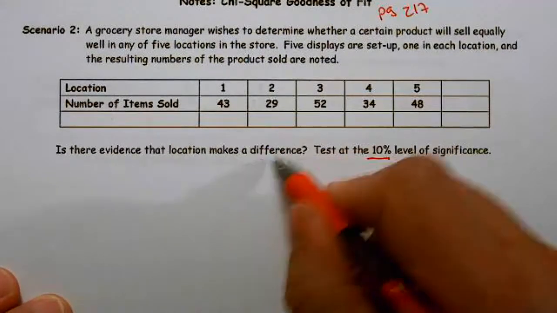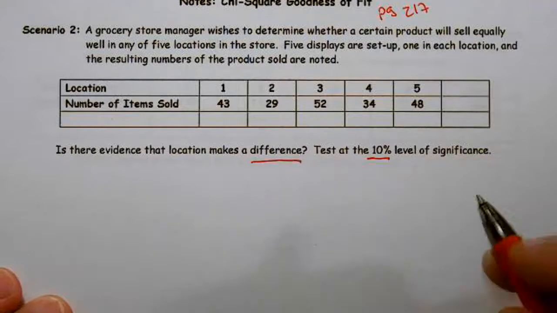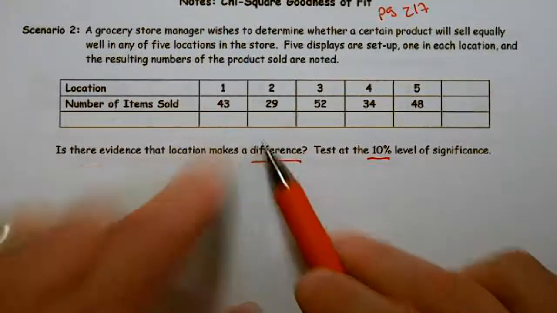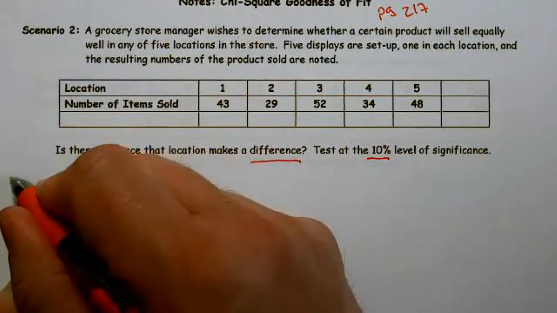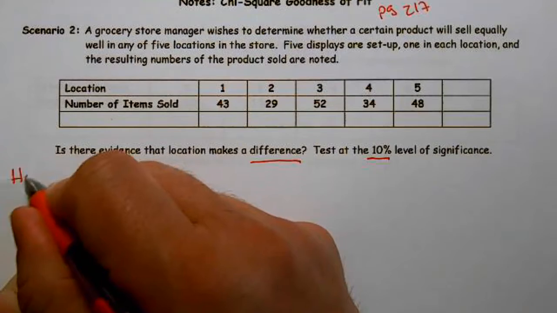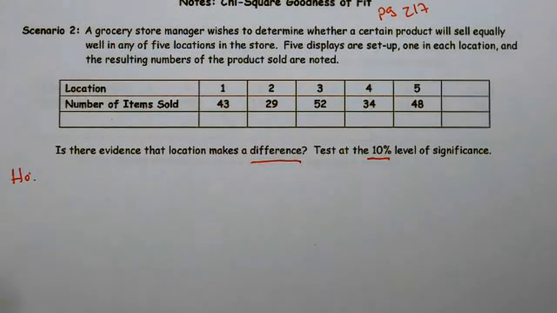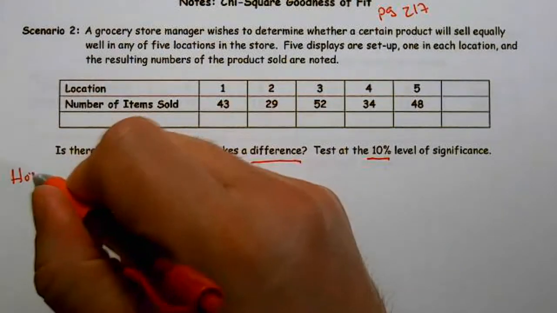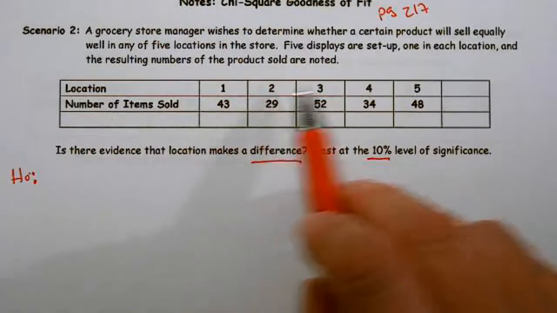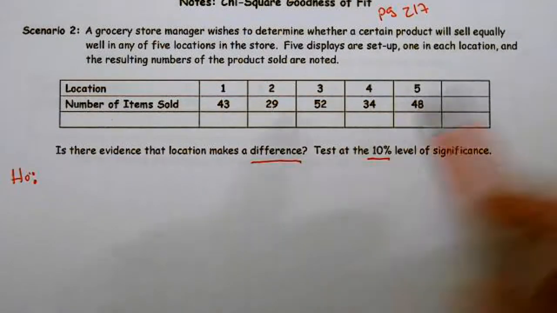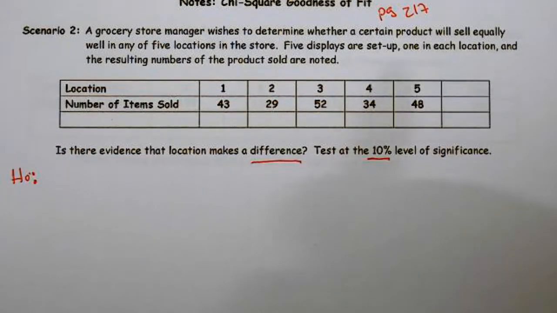And this is probably a key word. Because this says difference, I'm like, okay, that's a key word. And then I look and go, multiple categories. This is going to be a chi-squared test.